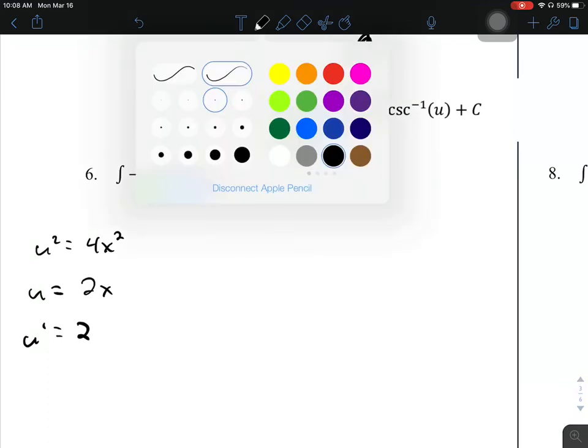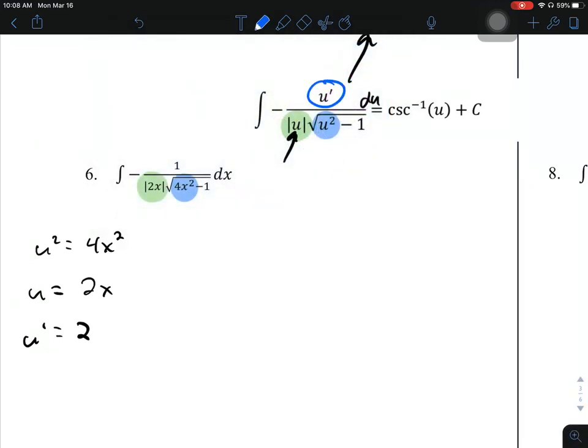And if you look here, we have a little bit of a problem. We got u prime here, but this is not a 2. Well, can we make that a 2? We can multiply this by 2. To counteract that, we have to also multiply it by a half. We have changed the way that it looks, but we have not changed the actual problem.